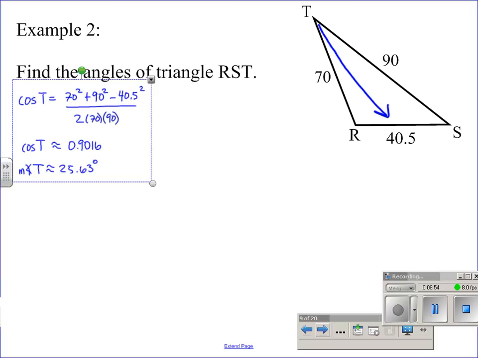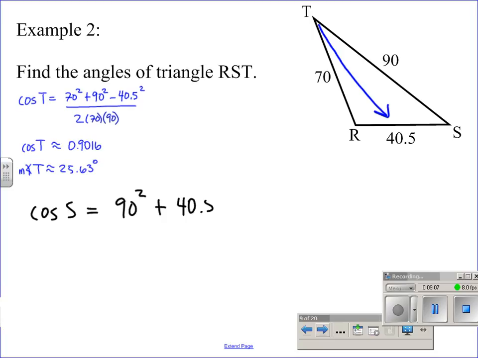Okay, so the next one I'm going to do is S. All right, so to find the measure of angle S, I have cosine of S is going to be equal to 90 squared plus 40.5 squared minus 70 squared. All of that is divided by 2 times the 90 times the 40.5.